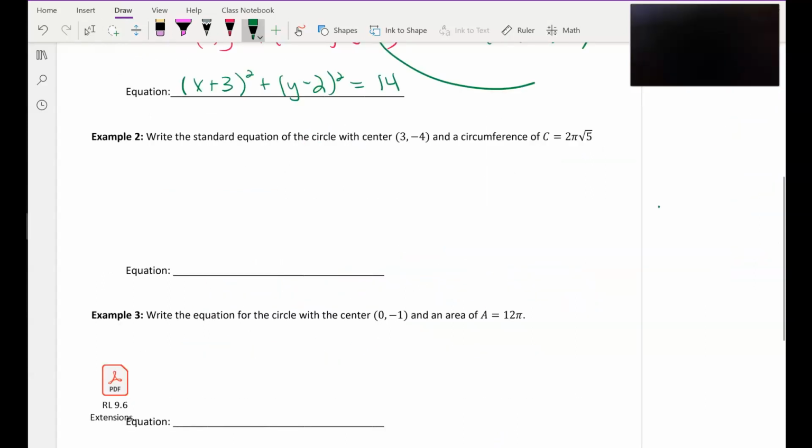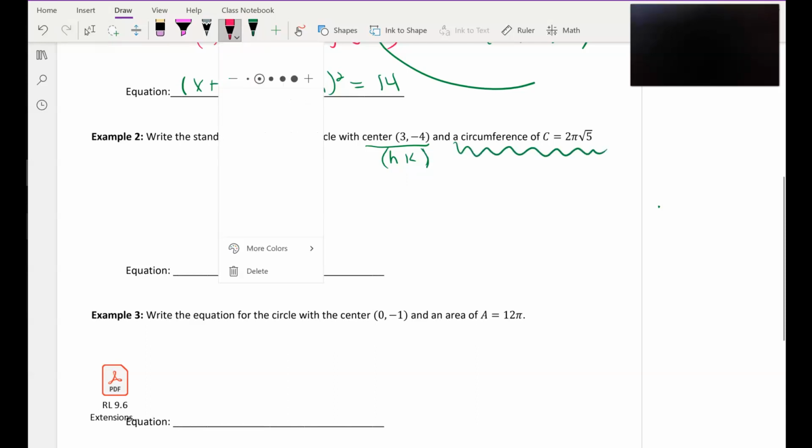All right, so in example 2, we are given the center again, so this is our h comma k. And we are also given the circumference of the circle. For circumference, we have to remember that we have two formulas.